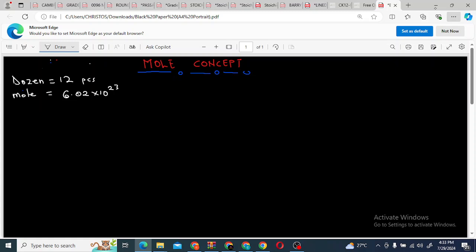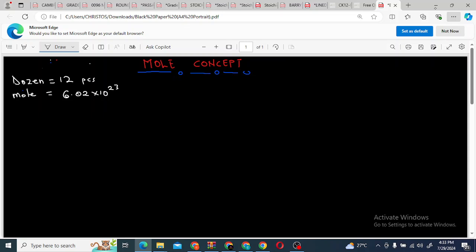So when I say that a packet contains a dozen, it means that the packet contains 12 pieces. Same way, when I say that a packet contains a mole, it means that the packet contains 6.02 times 10 to the power 23 particles.